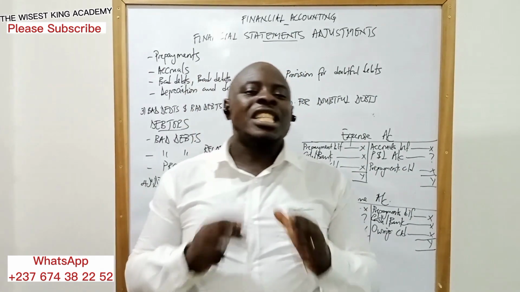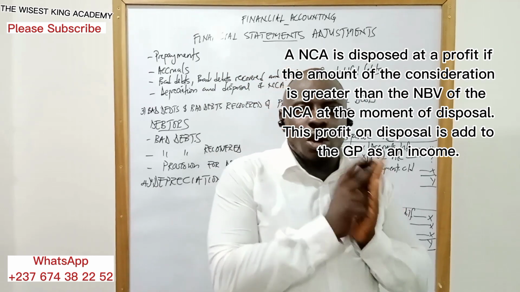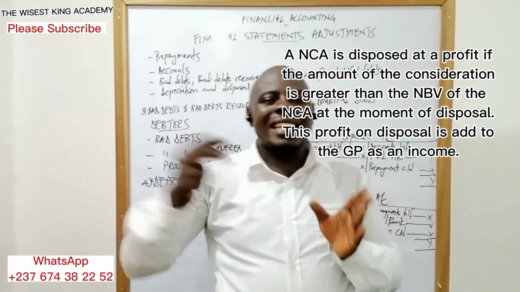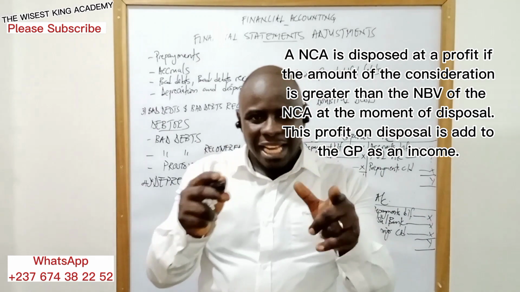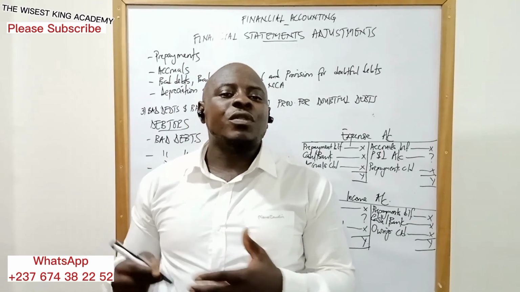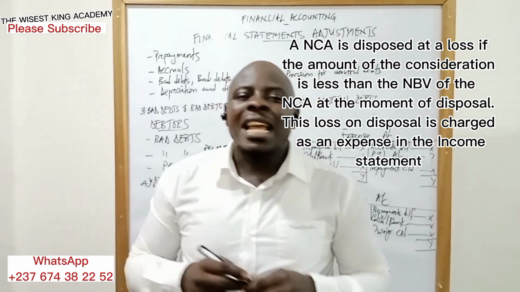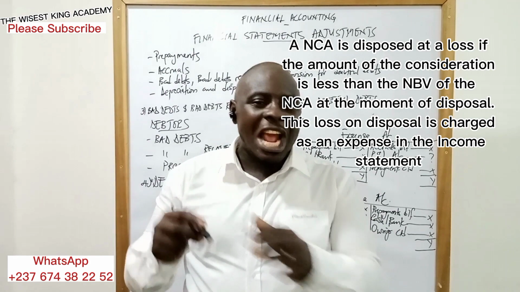A non-current asset is disposed at a profit if the amount of the consideration is greater than the net book value of the asset. But if the amount of the consideration is less than the book value of the asset, then it has been disposed at a loss.